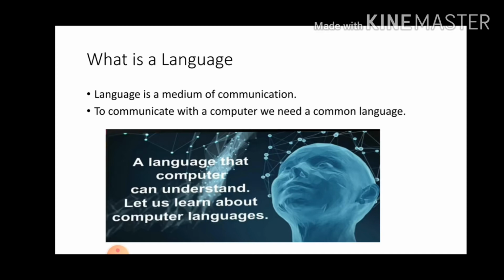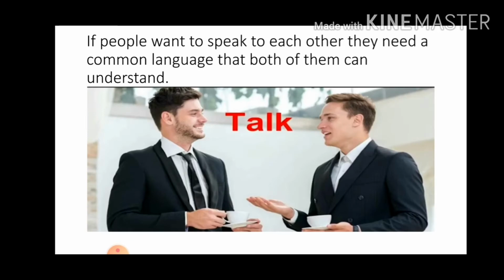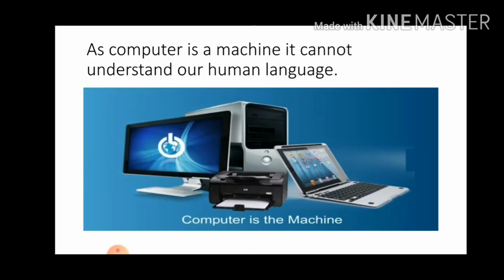In order to communicate with the computer, we need a common language. So let's see what that common language is. If people want to speak to each other, they need a common language that both of them can understand. As a computer is a machine, it cannot understand our human language. It can understand only binary language and binary codes, that is zeros and ones.